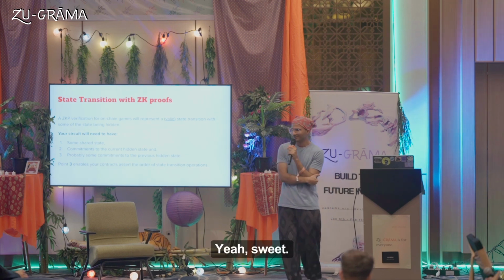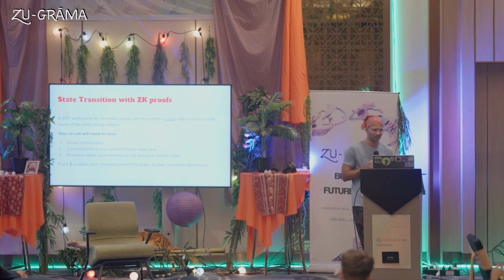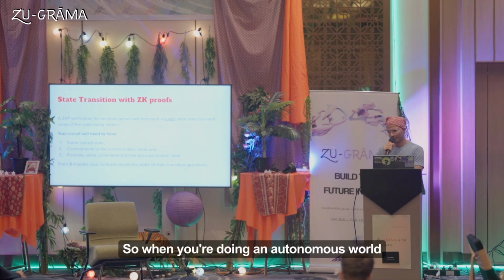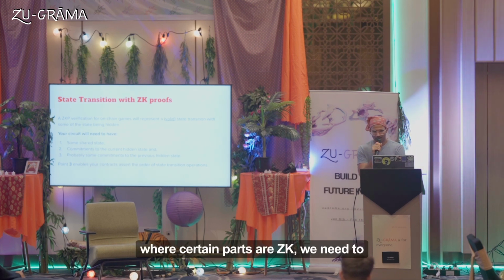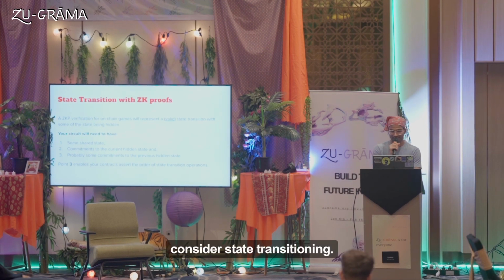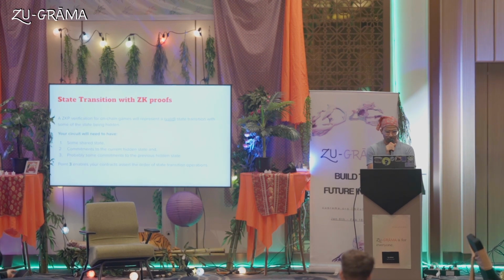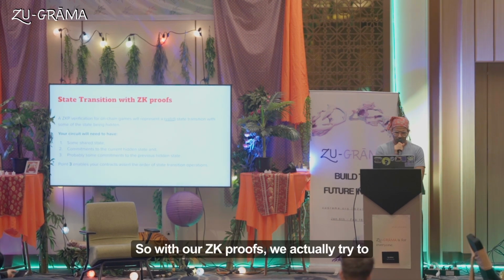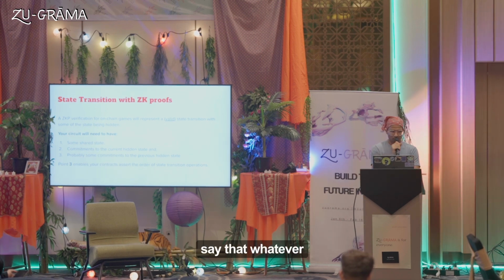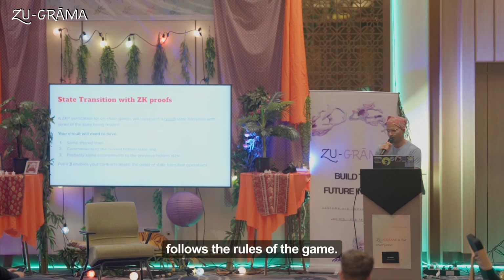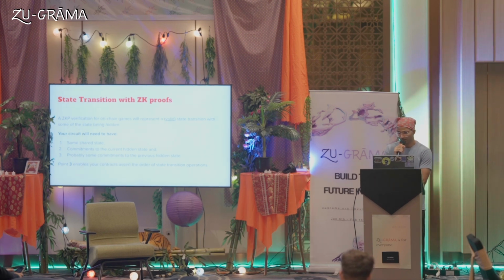Yeah, sweet. So when you're doing an autonomous world, or a ZK game where certain parts are ZK, we need to consider state transitioning. With our ZK proofs, we try to say that whatever change I'm making to the state is valid and follows the rules of the game.